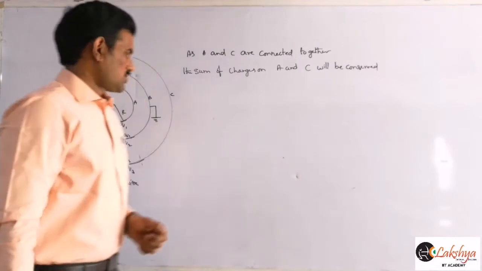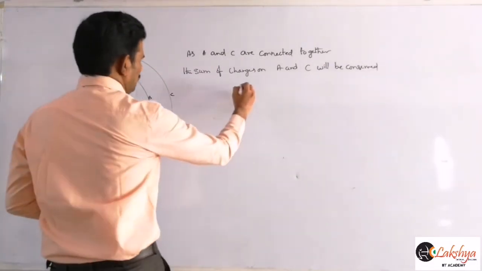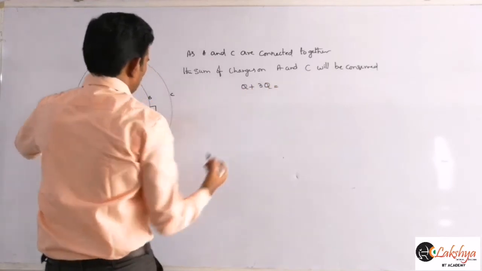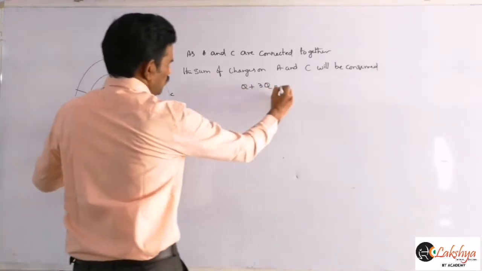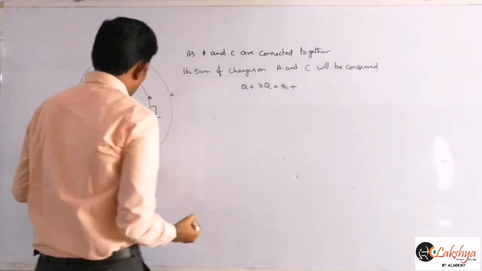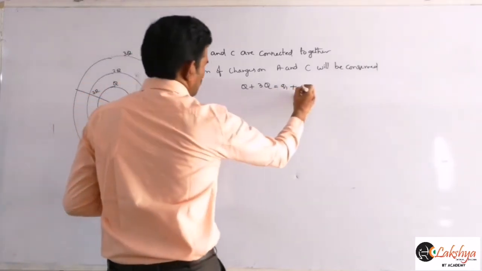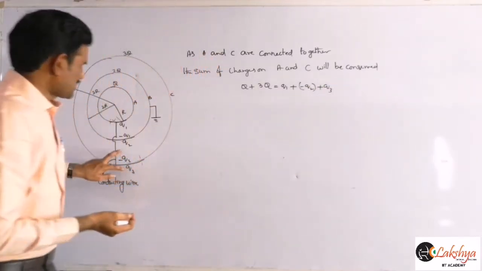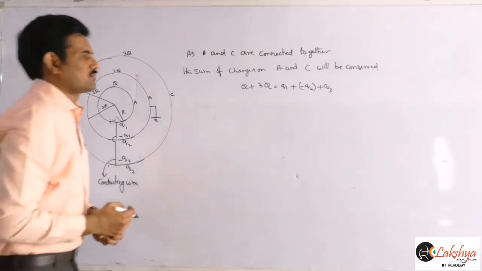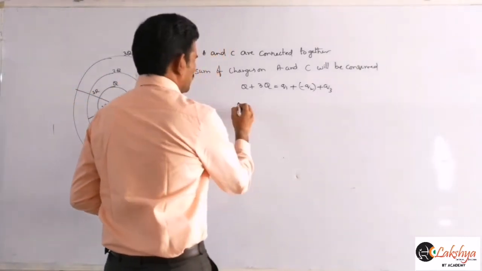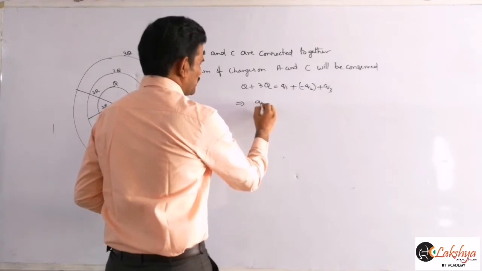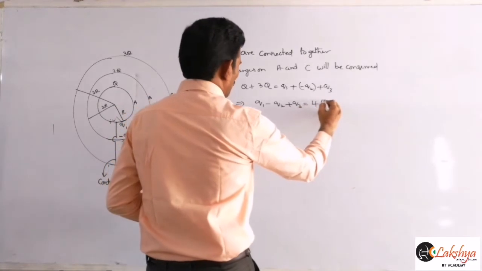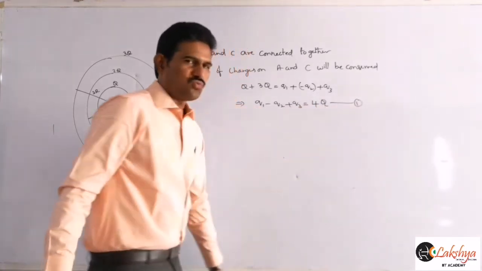So if I apply, Q plus 3Q is the initial charge, and the final charge is Q1 plus the charge we need to write here, that means minus Q2 plus Q3. That will be the total charge on this shell C, inner plus outer. Therefore we get one relation: Q1 minus Q2 plus Q3 is equal to 4Q. Let it be equation 1.